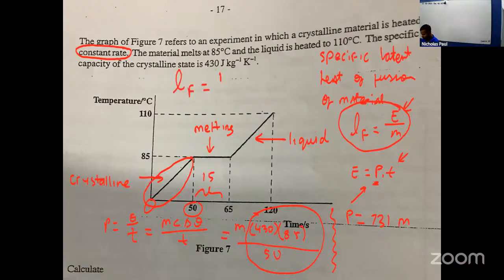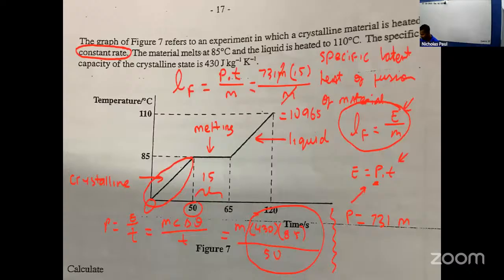Energy is power times time over the mass. What's the power? Power is 731 M. What's the time? 15 seconds, all divided by mass. The mass will cancel and you will get 10,965.